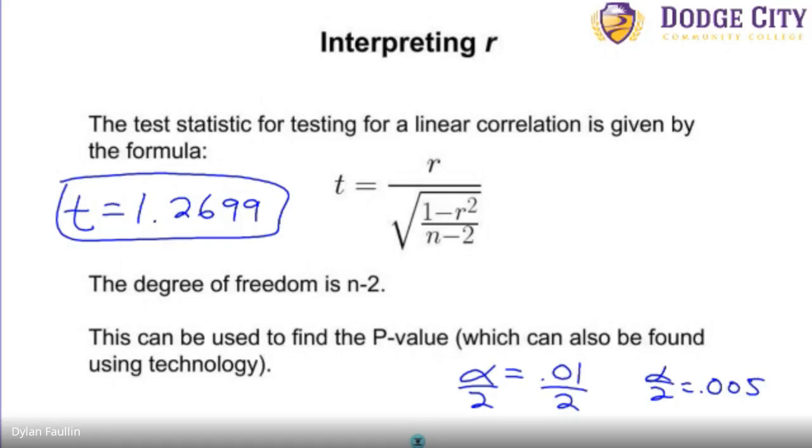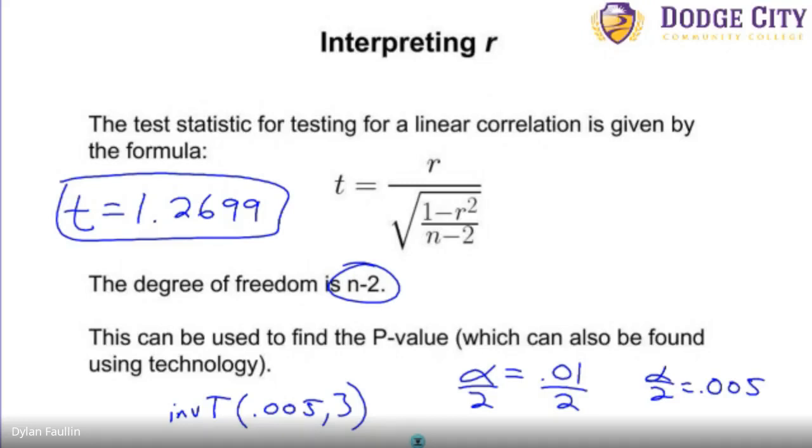Then you would do inverse t to find the critical value for the t score. The area to the left is 0.005. Again, the degree of freedom is n-2. Well, for our data set, we had 5 points, right? So 2 less than that would be 3. And so that should give us a critical value to compare to this, right?